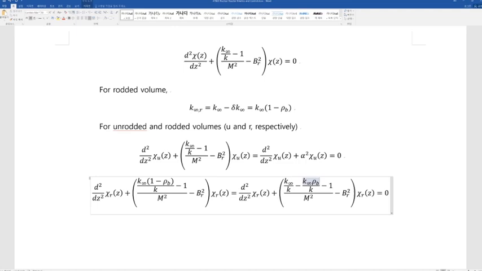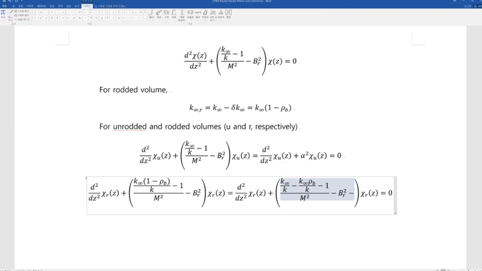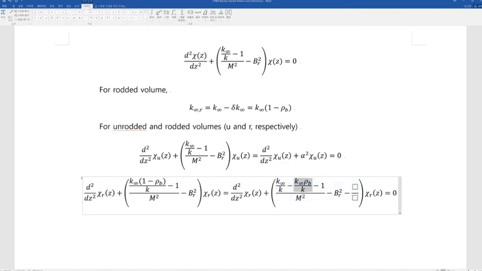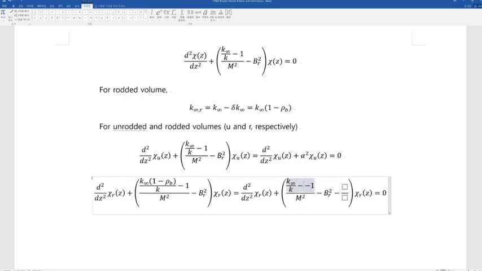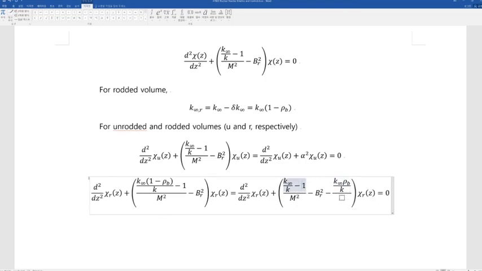And I'm going to rearrange this to here. After rearranging this, we know that this part is alpha squared, that was defined previously, and the remaining part will be defined as beta squared.